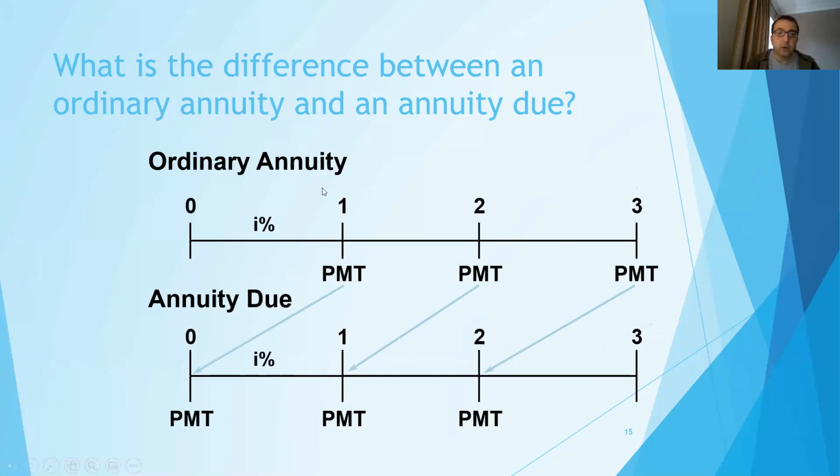If it's an ordinary annuity, the payment is at the end of the period. If it's an annuity due, the payment is at the beginning of the period, right? Basically both are the same, but an annuity due receives the payment immediately, while with an ordinary annuity we have to wait until the end of the period. This is the basic difference. Of course, the present value and future value of ordinary annuities and annuities due are different.